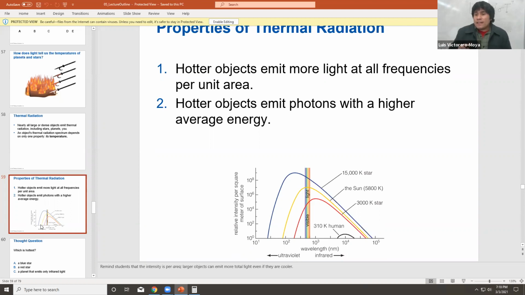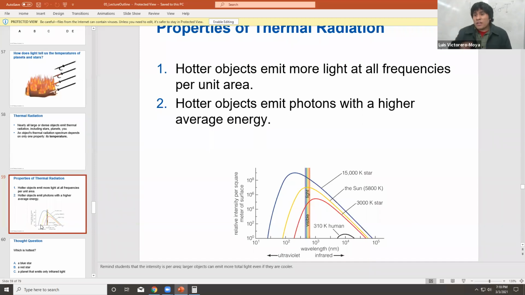But as you can see, the peak for the 15,000 Kelvin star is in a different position than the other peaks. So hotter objects emit more light at all frequencies, and they emit a higher average energy.